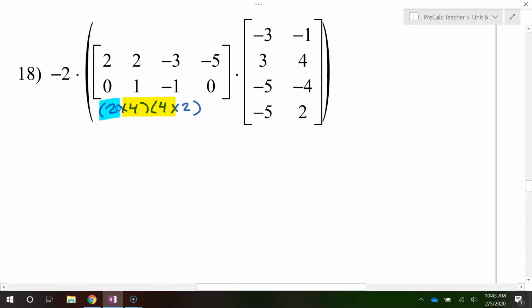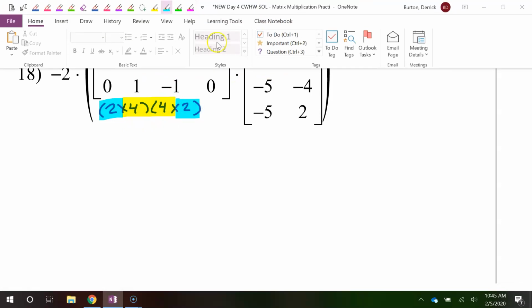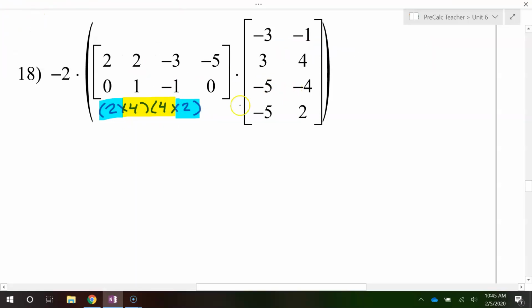The outer dimensions tell you the dimensions of your product, the answer. So when we multiply these two matrices together, we are going to get a 2 by 2 matrix. So in response to that, the first thing we should do is build a rather large 2 by 2 matrix.